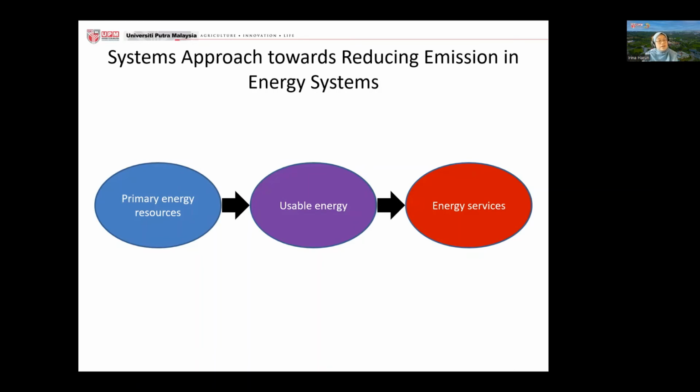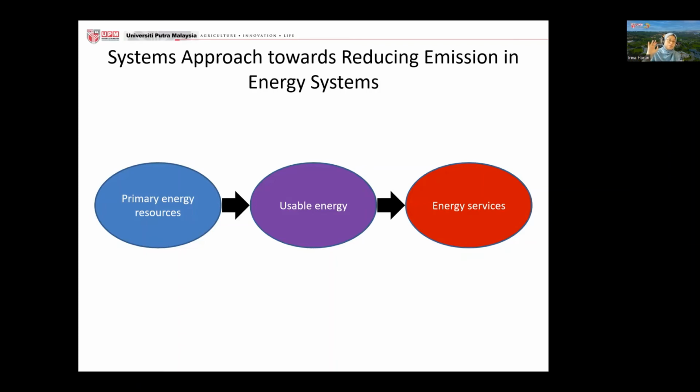Usable energy is electricity, and only that portion of usable energy is used for the energy services. When you're trying to supply electricity or fuel, there is some waste associated with it.